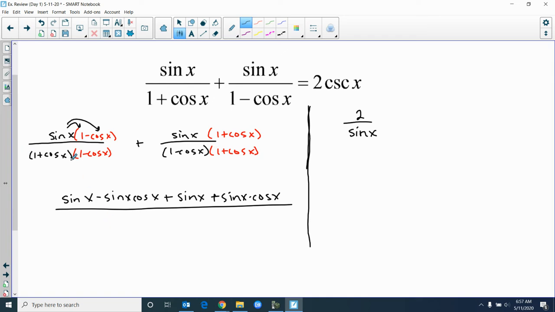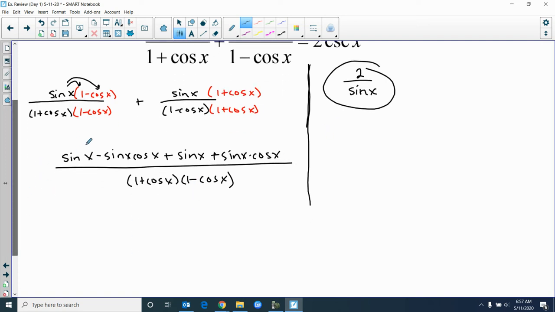Well, this gives me 1 plus cosine of x times 1 minus cosine of x. Well, this is what I'm shooting for. I don't have to see any cosines over there. So what I'm going to do is, first of all, combine like terms up here. And I have minus sine of x cosine of x. And I got plus sine of x cosine of x, which adds up to 0.